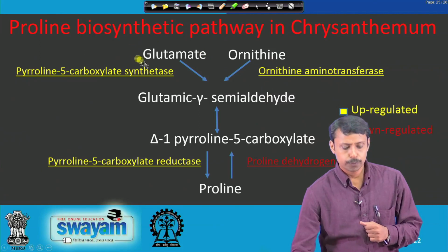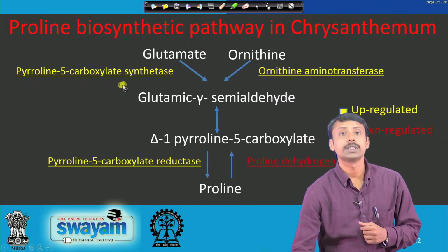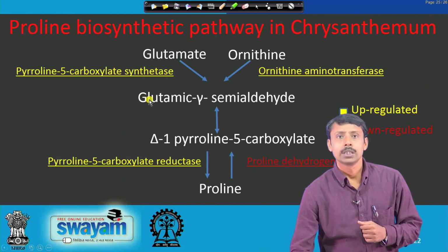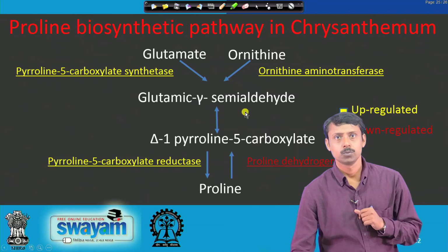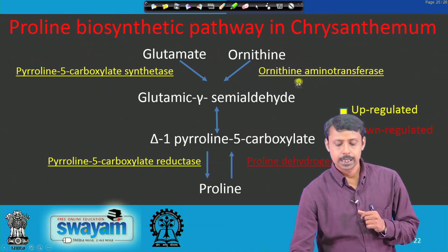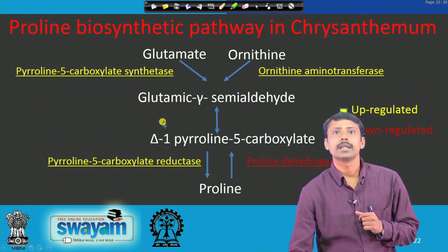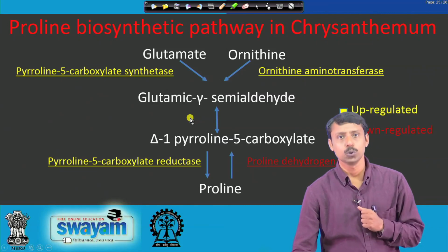From glutamate, by the action of pyrroline 5 carboxylate synthetase, glutamic gamma semialdehyde is produced, whereas from ornithine, by the action of the enzyme ornithine aminotransferase, glutamic gamma semialdehyde is produced.